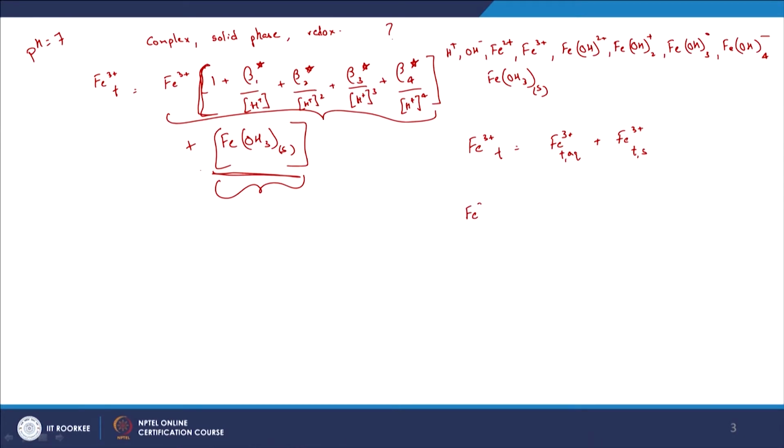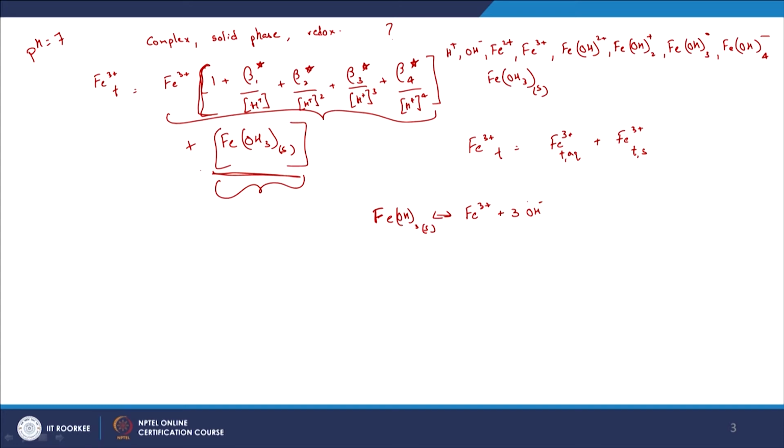So, how do we solve that by hand now? Here I have two variables and only one equation. So, how do I get that done? Obviously we need to look at the relevant precipitation and dissolution based equations. Fe(OH)3 solid will be in equilibrium with Fe3+ plus 3 OH-.